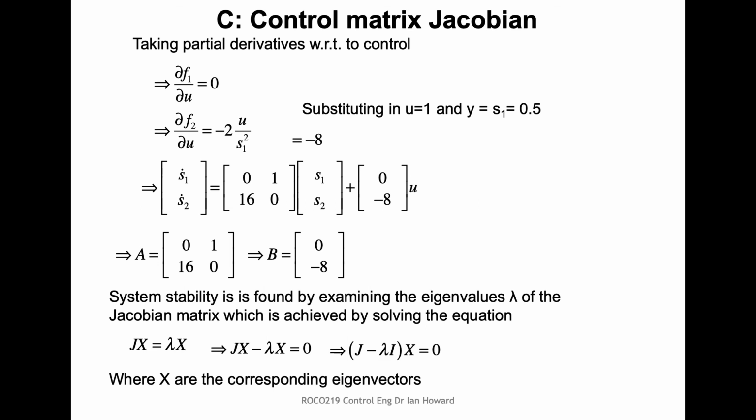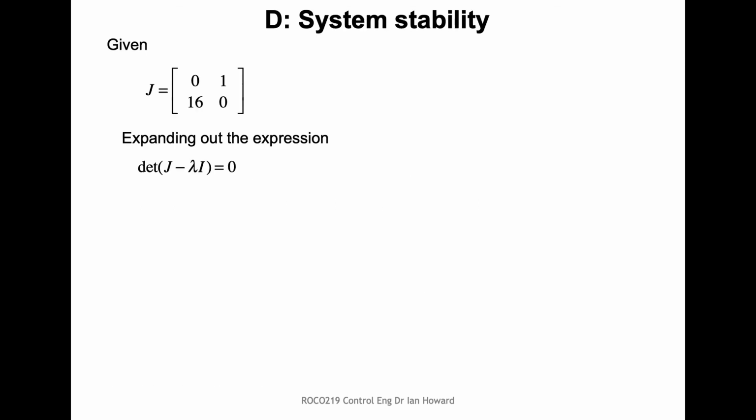Basically we need to find, given J, which in this case we're calling the Jacobian, the solution to J minus lambda I, calculate the determinant, when does that go to 0? So again, we just have to substitute in the values.